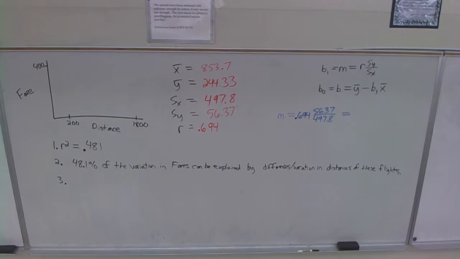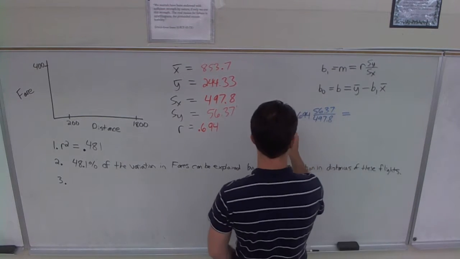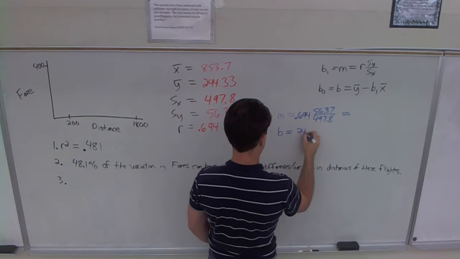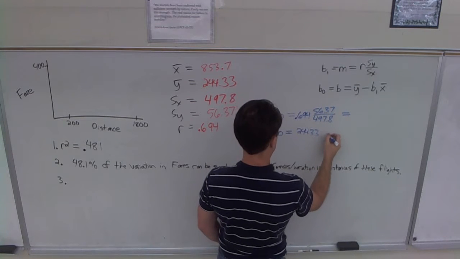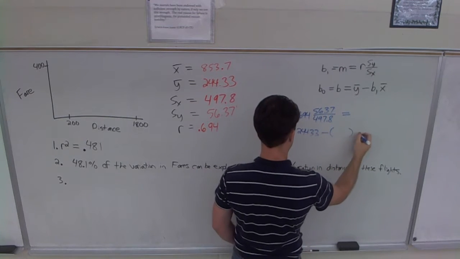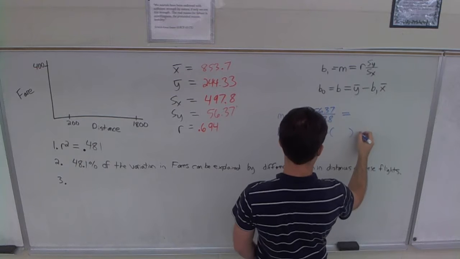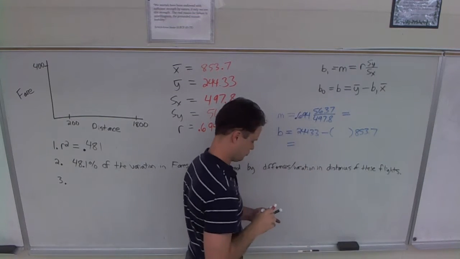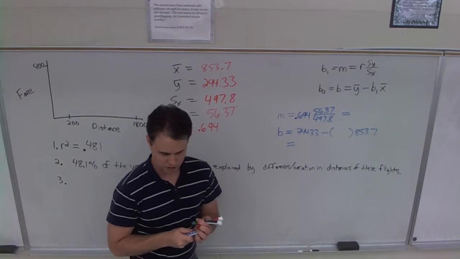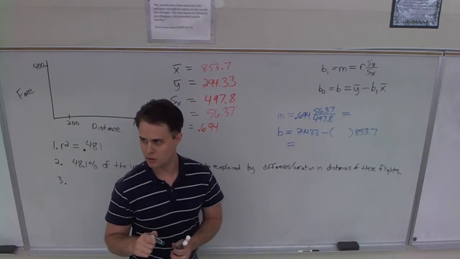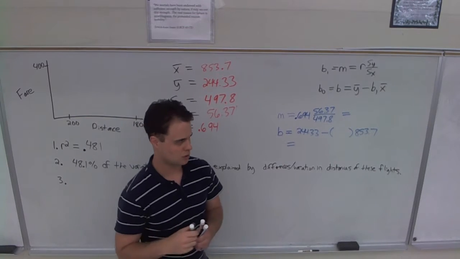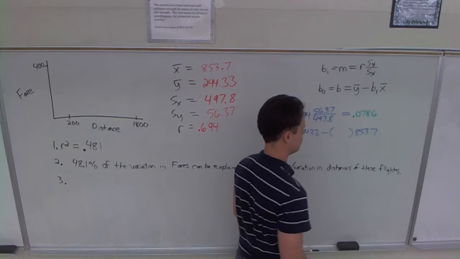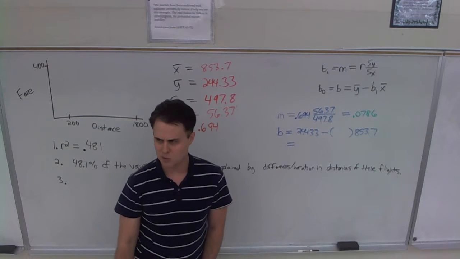Then we're supposed to find the y-intercept, so after that we're going to go, what's my slope, guys? 0.0785. Confirmation? Yeah. Thank you. 0.0786. Okay, thanks, Logan.